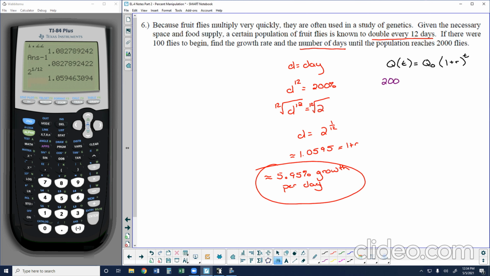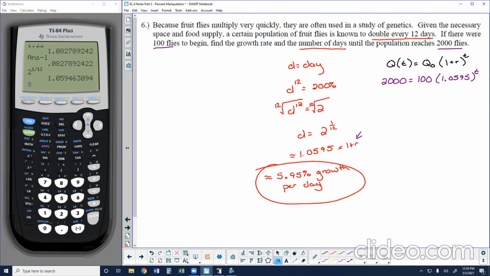We know that we have 2,000 flies. We know that the initial population was 100 flies. And we want to solve for the time. So we can use our growth rate that we found here. 1 plus r is 1.0595 to the t power.